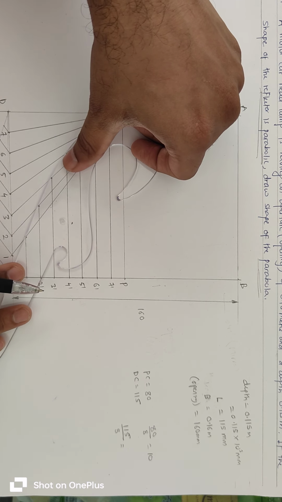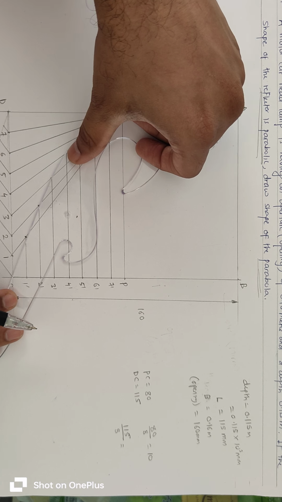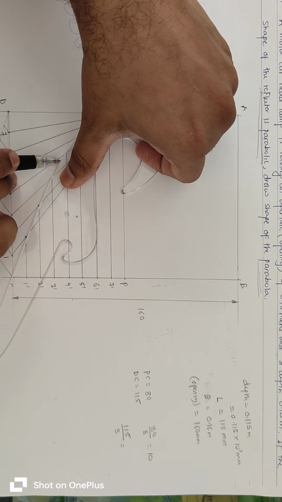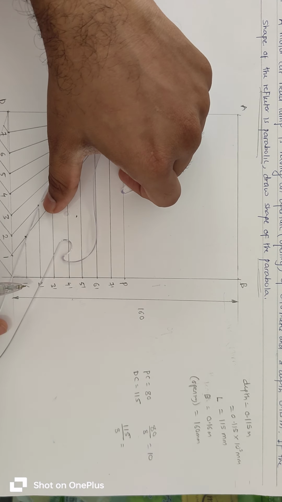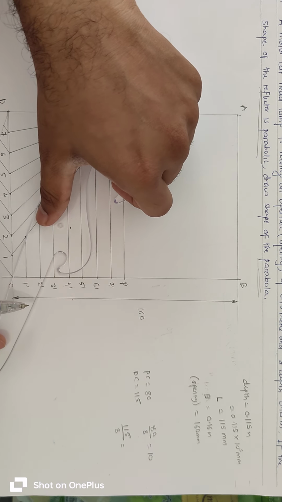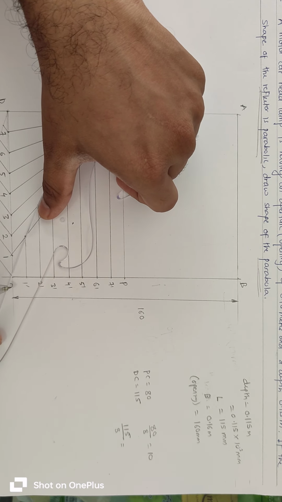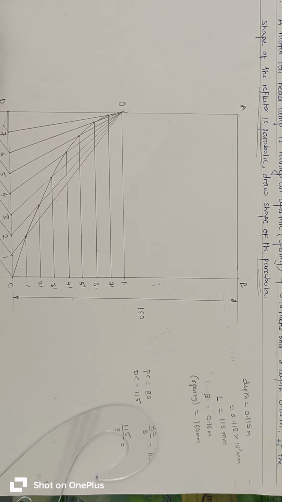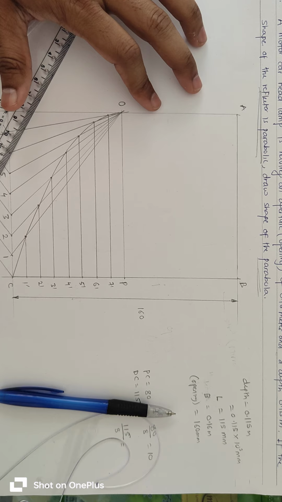You can adjust the scale such that all points should be near or exactly on the scale. Similarly, draw the parabola here.